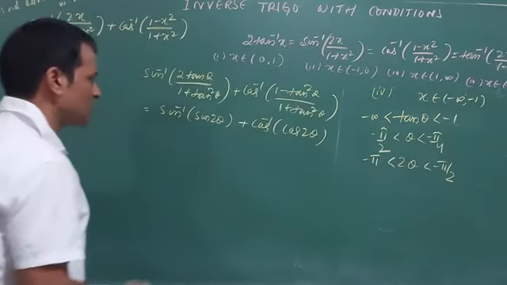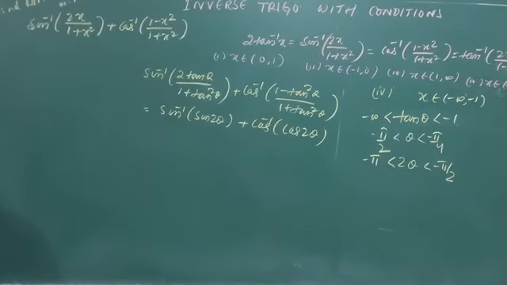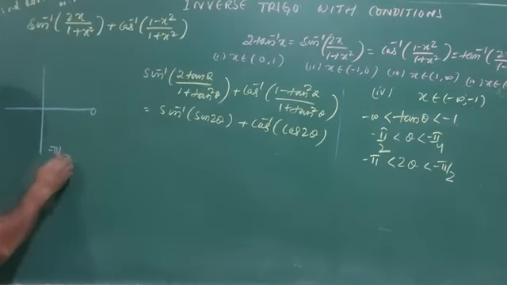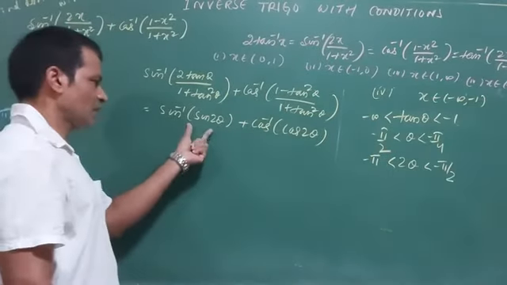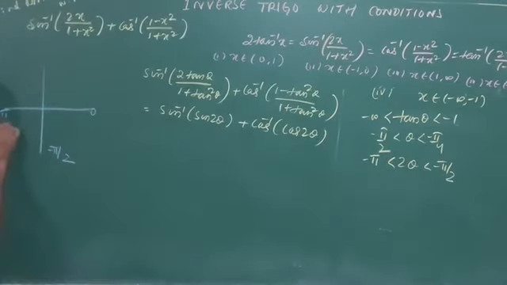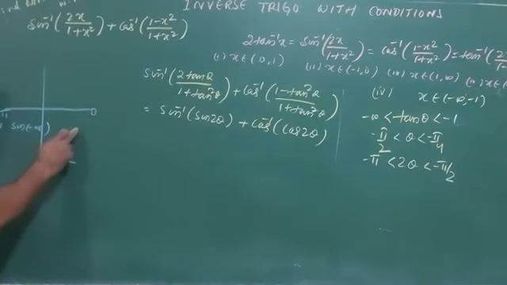Okay, let's come back to the quadrants now. 0, minus pi by 2, minus pi. First think about sine here. Normal sine is negative here, and inverse sine is negative here too, so I have to go there.